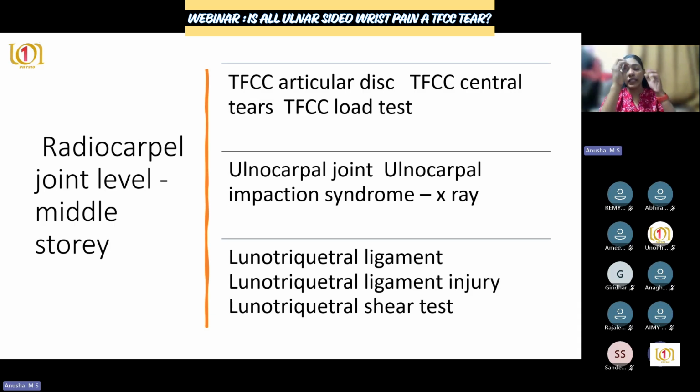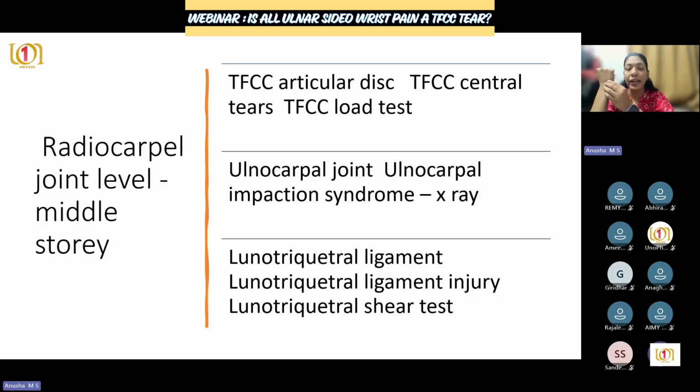How to do it? Very easy, the TFCC load test. You have to do the ulnar deviation and provide axial compression to the patient. Ulnar deviation along with axial compression causes articular disc compression, and if the patient reproduces pain, then the TFCC load test is positive. Then what is ulnocarpal impaction syndrome? Ulnocarpal impaction syndrome is when the ulna is elongated, there's a positive ulnar variance.